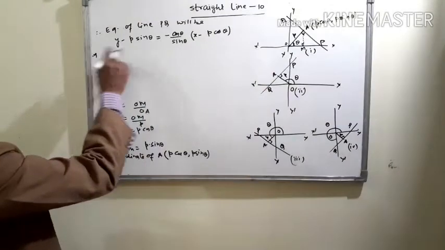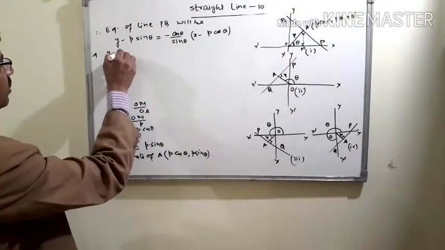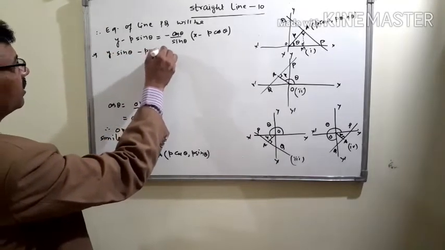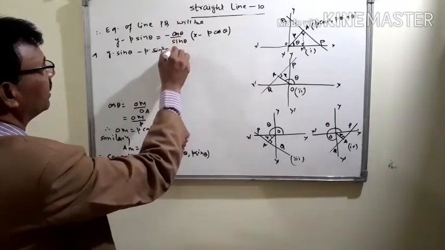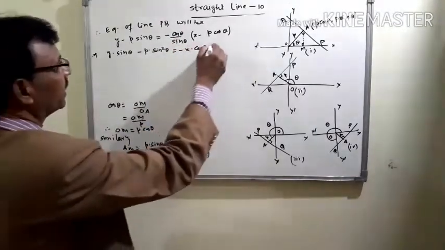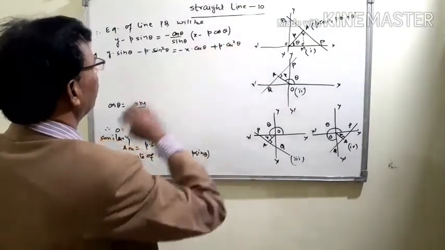Now if we multiply this out, we get y sin theta minus p sin square theta equal to minus x cos theta plus p cos square theta.